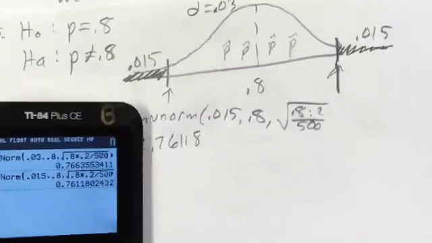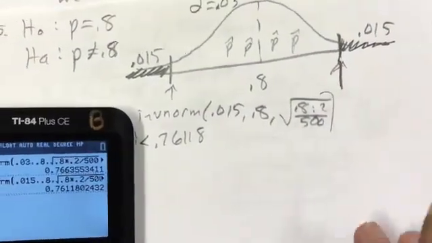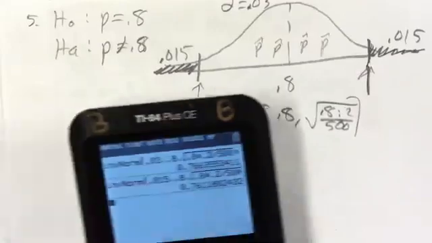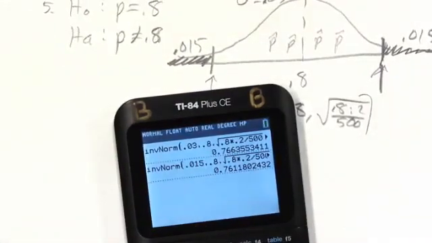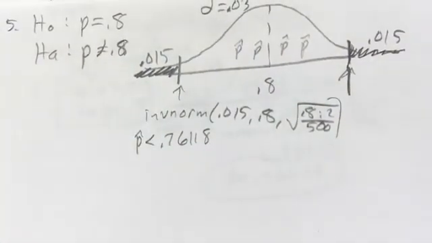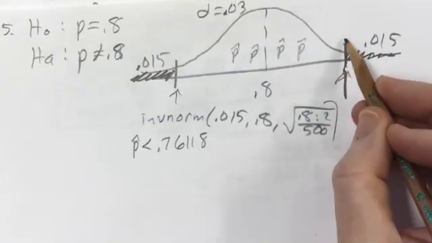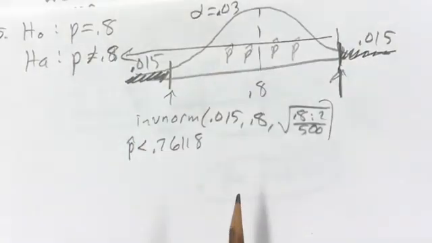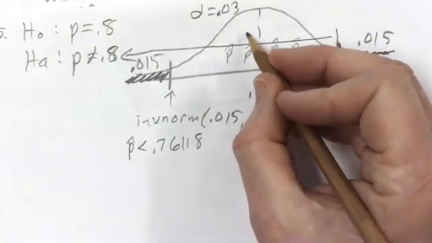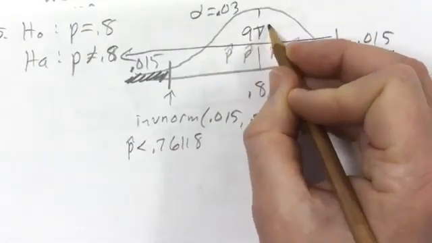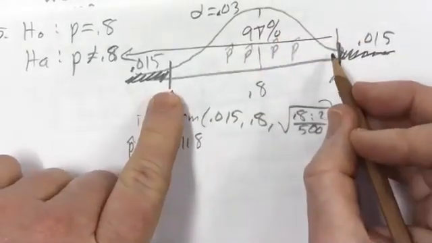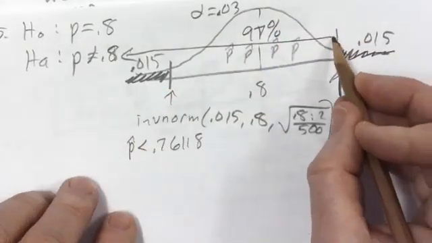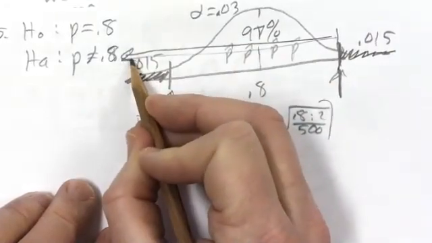Now, what about here? All right, well, let's think about that. So now on my calculator, you could actually do the right area, but I like doing the left area because some calculators don't have that option. So what's the percentile here? In other words, what's all of this added up? Okay, well, there's 97% in here, since there's 3% on the outside. So the total area to the left is going to be 98.5%.